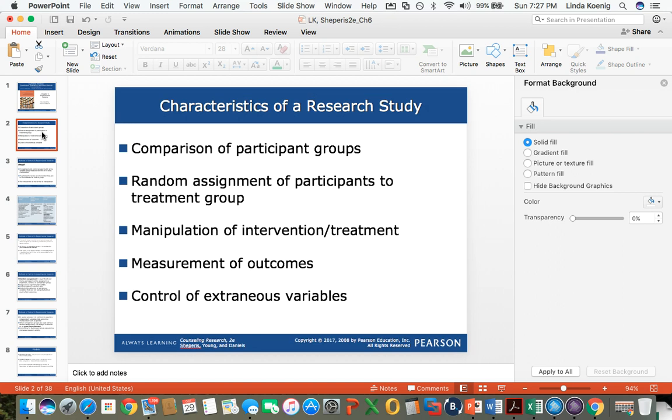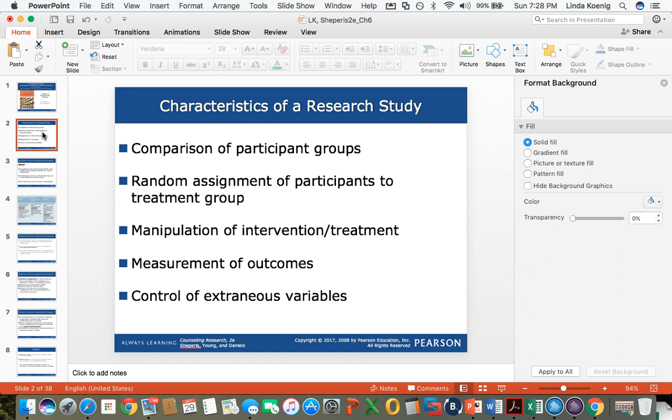So we're going to jump right in here. The characteristics of a research study. To be considered a research study, we have to compare participants in the different groups. Sometimes we have one group and we're comparing participants against themselves, or we have multiple groups and we're comparing one group against another group.